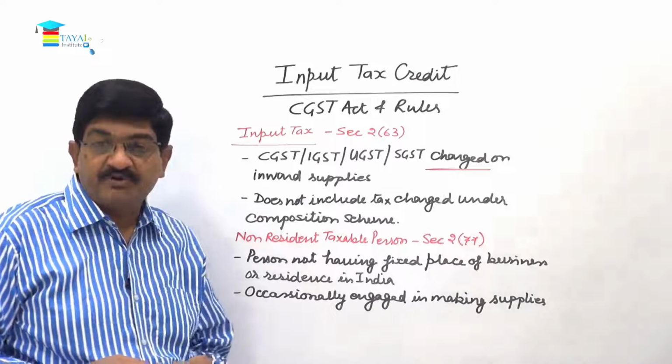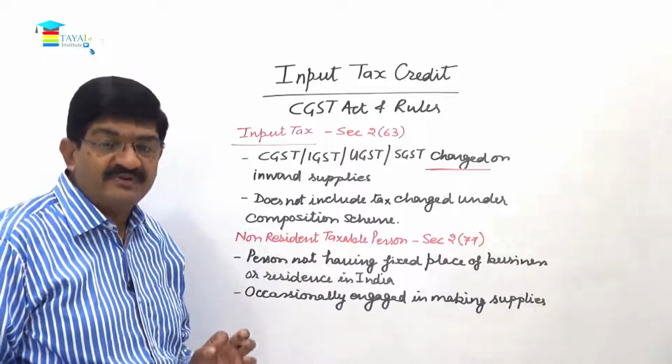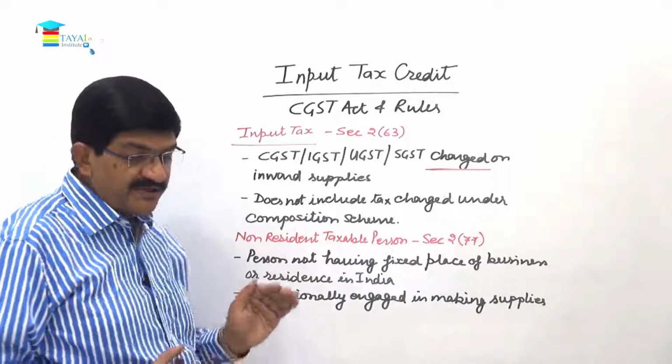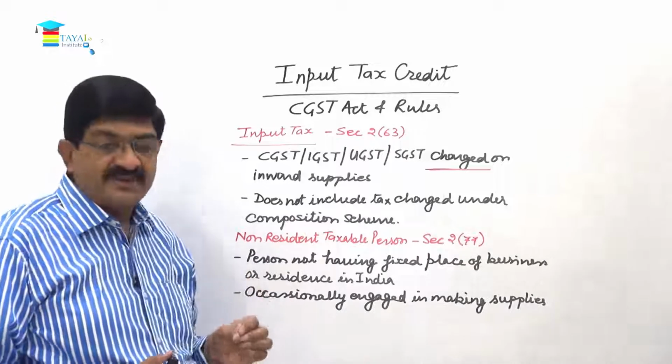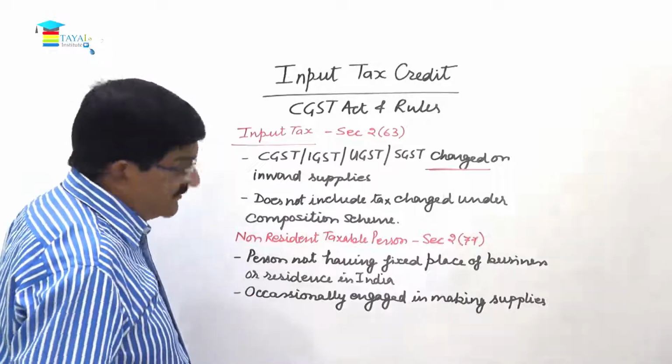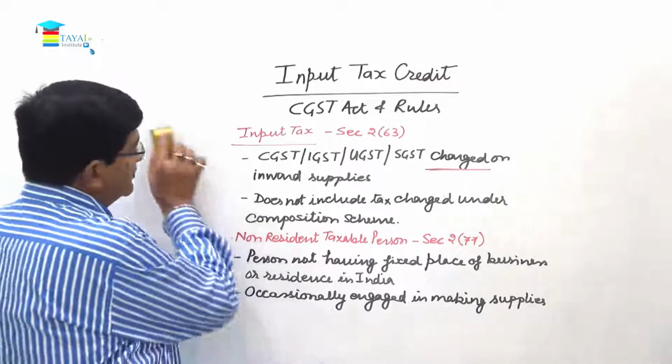So he is the person who does not have a fixed place of business or place of residence in India, but occasionally gets engaged in supply of the goods or services in India. Then we have another one, which is output tax. So that is section 2 subsection 82.